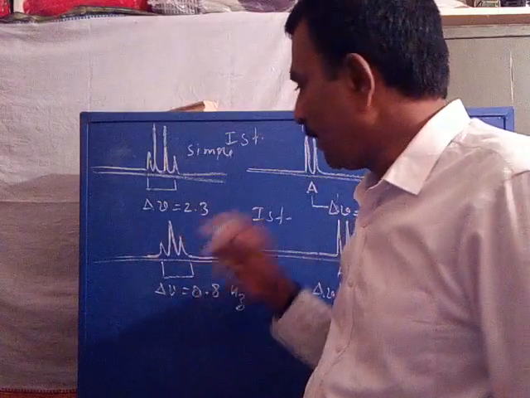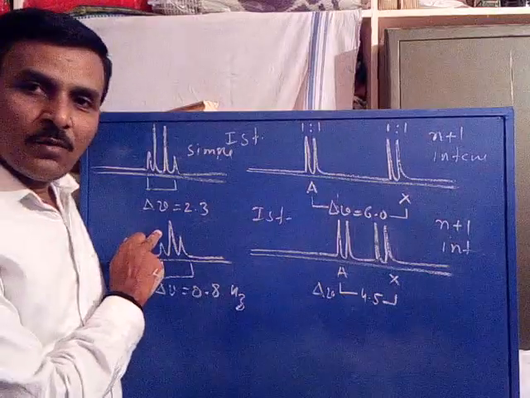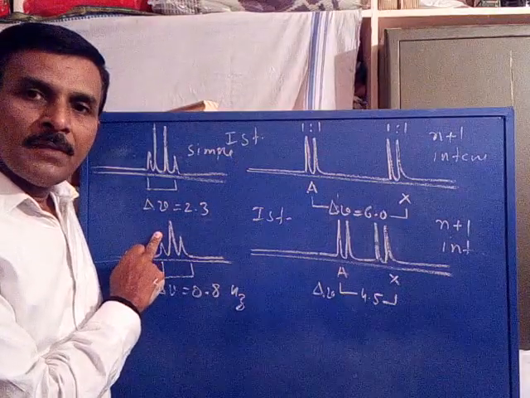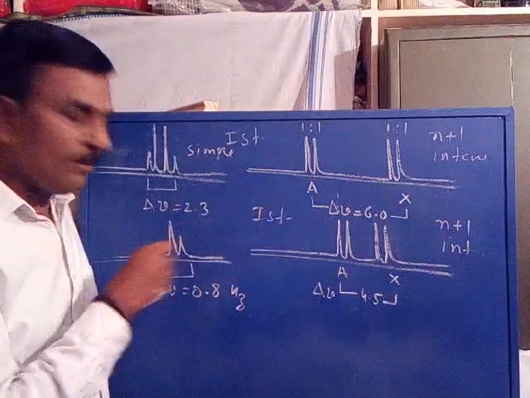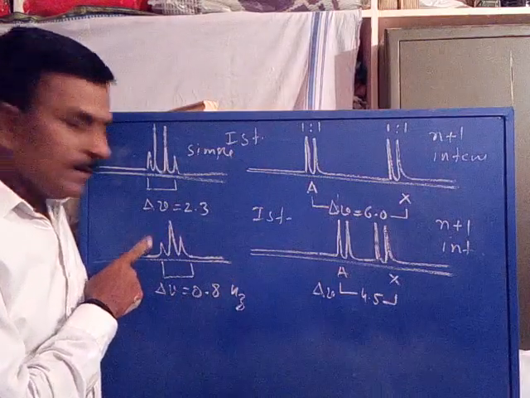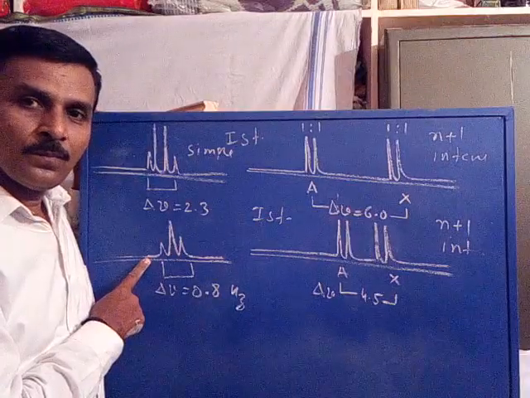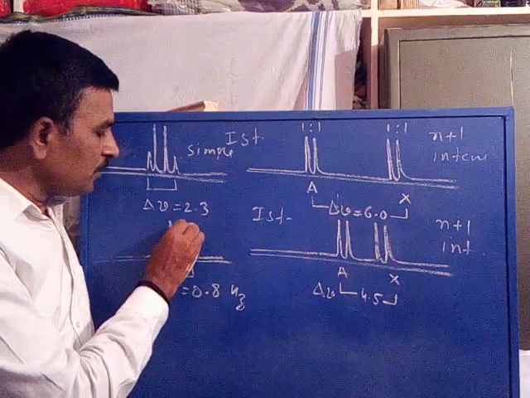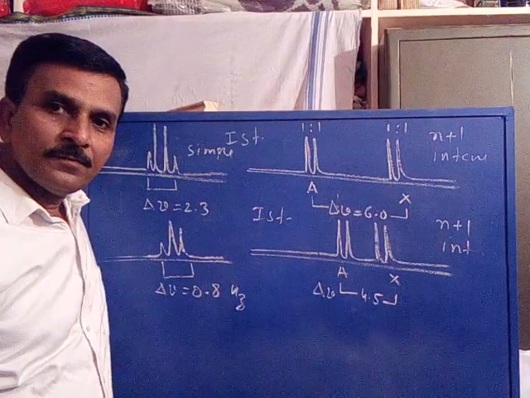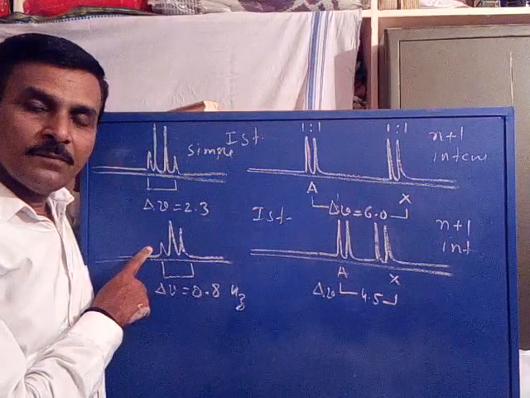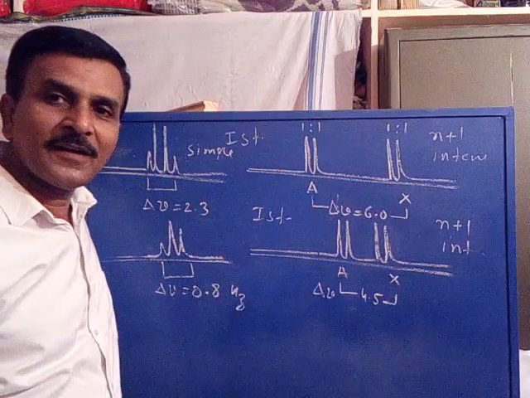Is it clear? Now, when the two inner lines are overlapped, it is not possible to clearly see the two doublets. Does it give the information regarding the two doublets? No. We are not able to identify that there are two doublets in the spectrum.